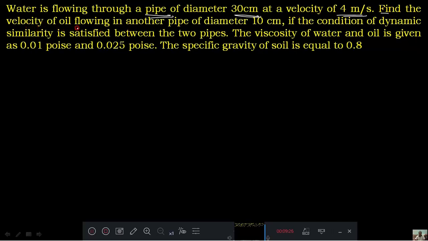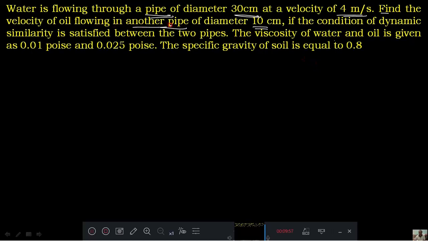Now while reading only we will understand which is prototype and which is model. Find the velocity of the oil flowing through another pipe of diameter 10 centimeter, if the condition of dynamic similarity is to be satisfied between the two pipes. The viscosity of the water and oil is given as this, then the specific gravity this. Here two pipes are given, so whichever you want you can consider as the prototype and the other one will be the model. Usually the bigger pipe I will consider prototype and the smaller one model.